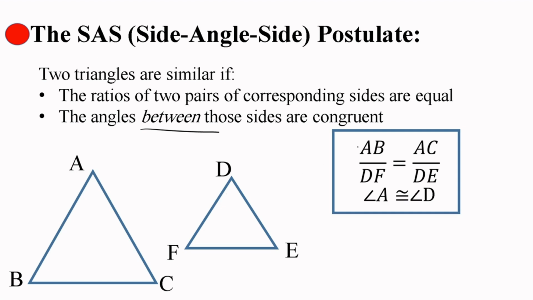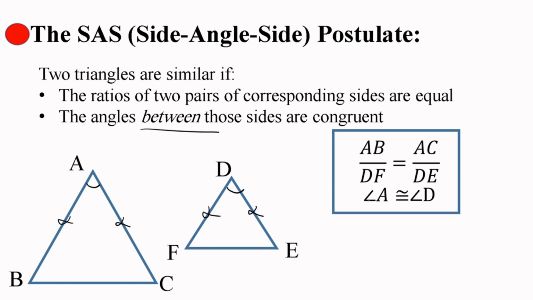The ratio of AB and DF is equal to the ratio of AC and its corresponding side, which is DE. And the angle between those sides, look, I'm talking about these sides. So the angle between these sides is going to be A, and the angle between these sides is going to be D.